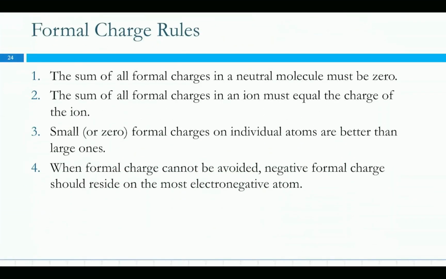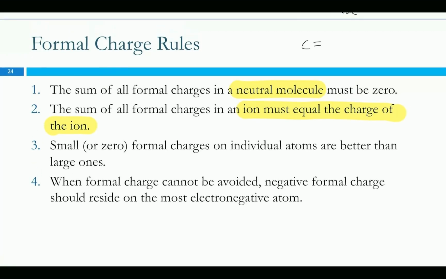Oh, I didn't quite get to the formal charges in a neutral molecule. The formal charges in a neutral molecule add up to 0. The sum of all formal charges in an ion must equal the charge of the ion. Let me redraw this. We did this one over here, that's a -1.